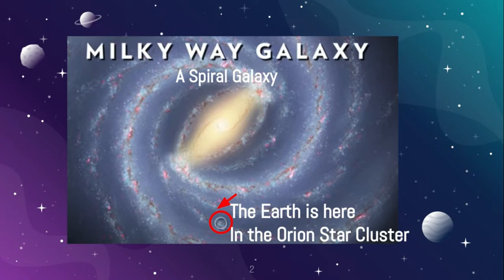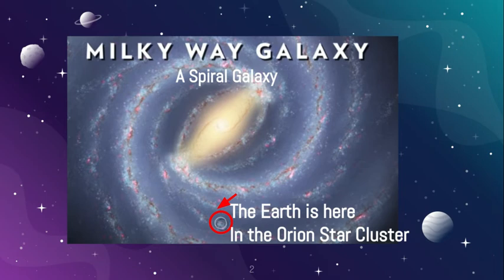We live in the Milky Way galaxy. It is a spiral galaxy, as you can see from the diagram here, probably taken from the Hubble telescope. And the Earth, as you can see by the circle, is located in the Orion star cluster.